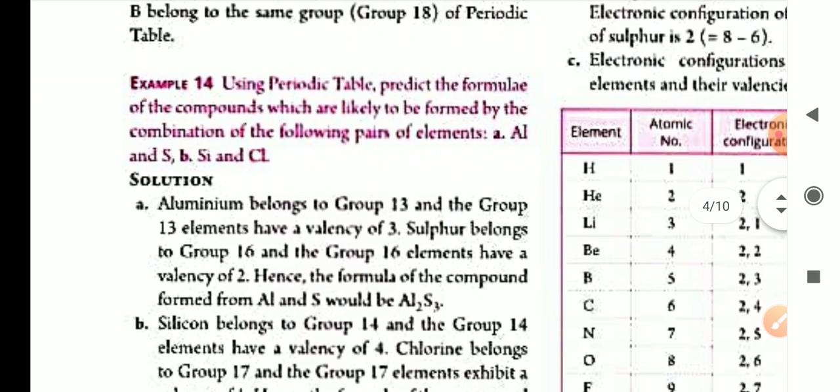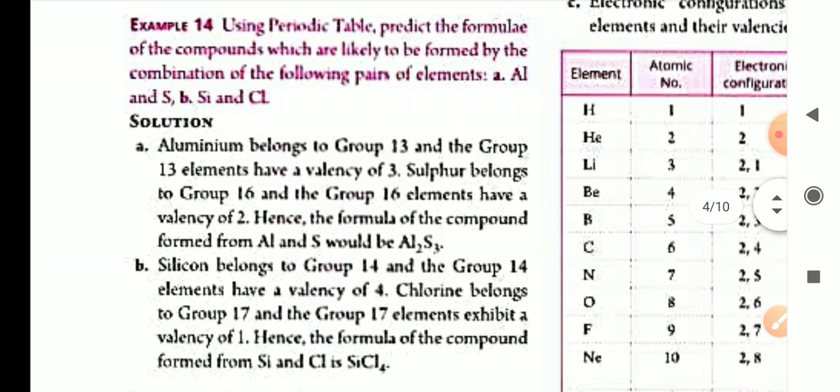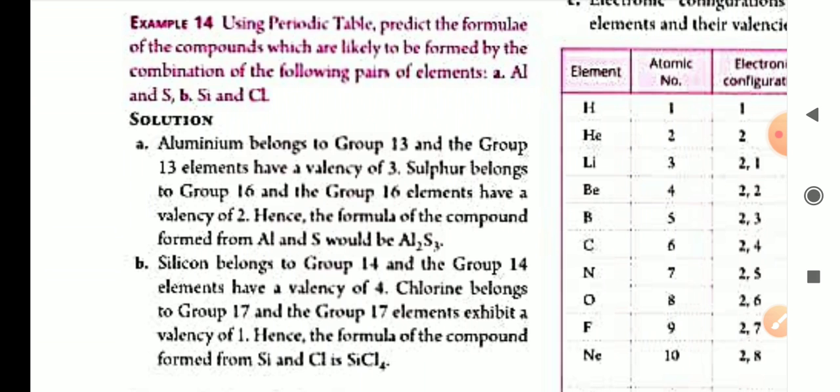Using the periodic table, predict the formula of the compounds likely to be formed by the combination of the following pairs of elements: aluminium and sulfur, boron, silicon, and chlorine. Aluminium belongs to group 13, and group 13 has valency 3. Sulfur belongs to group 16, and group 16 elements have valency 2.